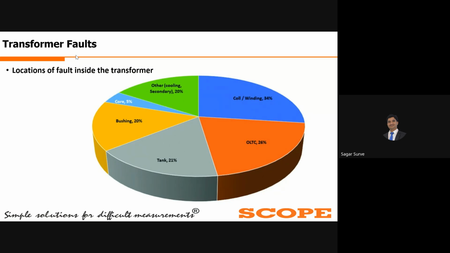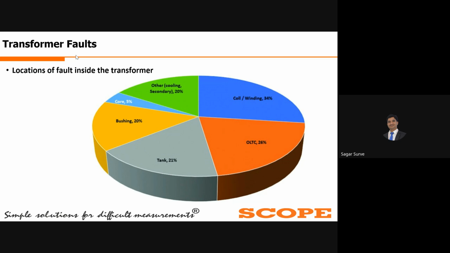Now, as we said in the last slide, the locations where the major faults are occurring are the OLTCs, tanks and bushings, windings, and some other secondary cooling arrangements like that. So, the winding or coil or the core is the major part of the transformer where we can observe the unwanted faults.